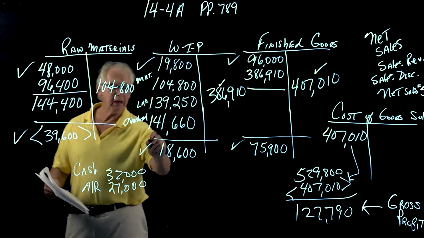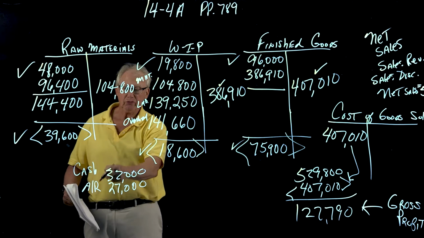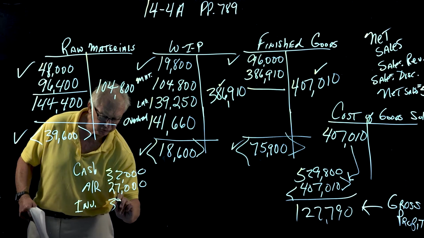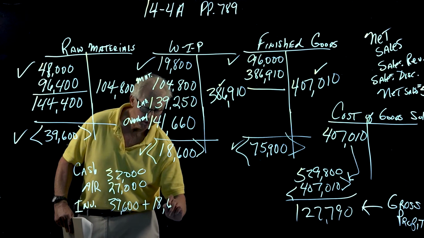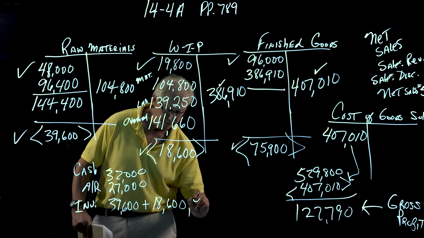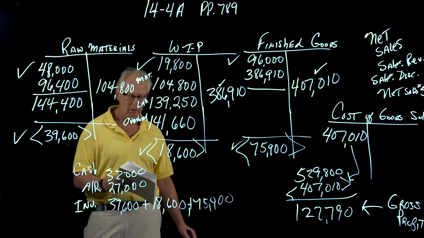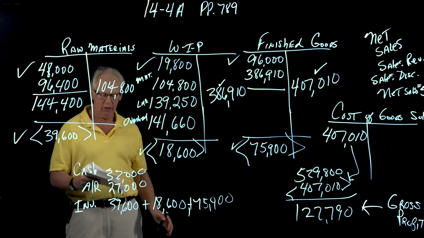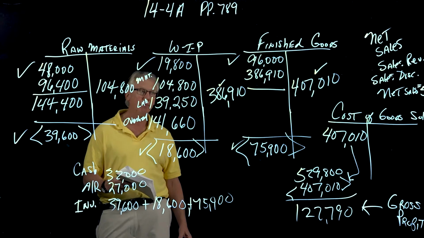Well, there are three balances because there are three inventory accounts. For inventory, we have 39.6 in raw materials plus 18.6 in work in process plus 75,900 in finished goods. If we add all those numbers up, 5 numbers, we should come out to $193,100 for total current assets.